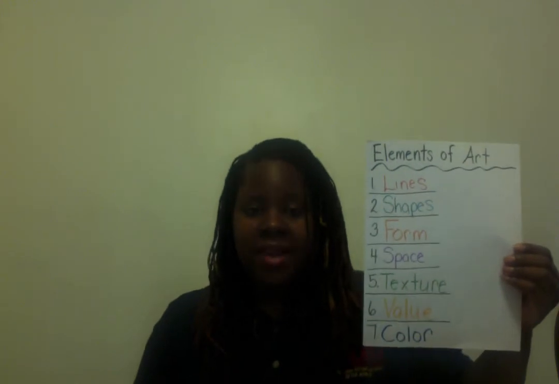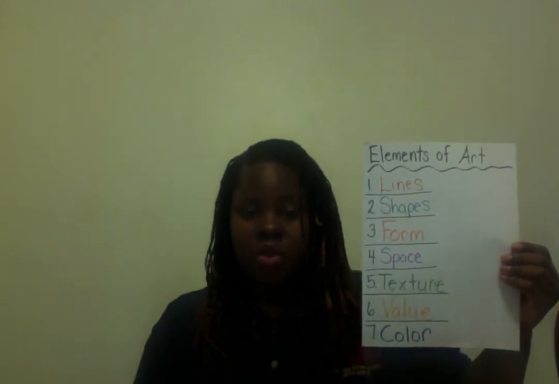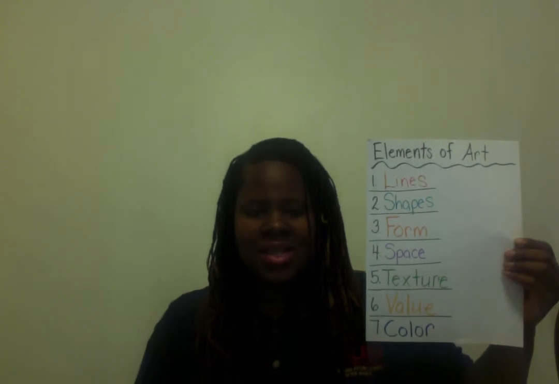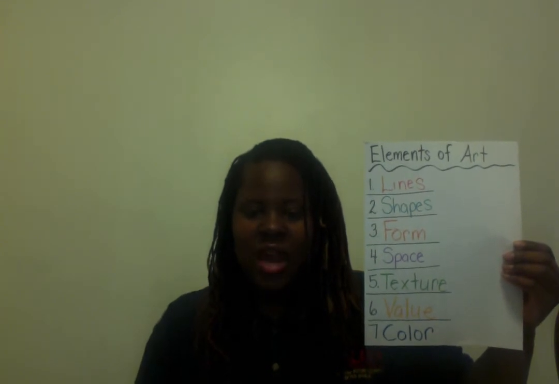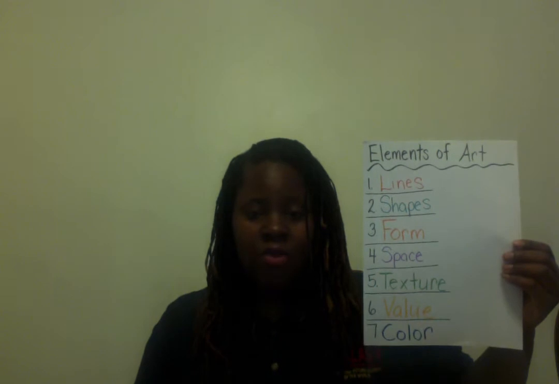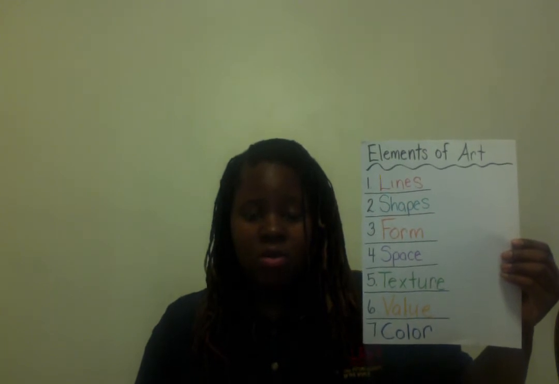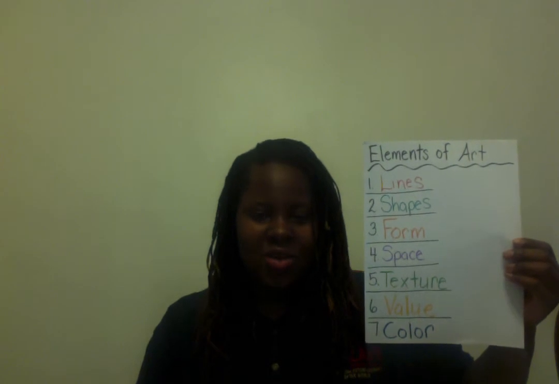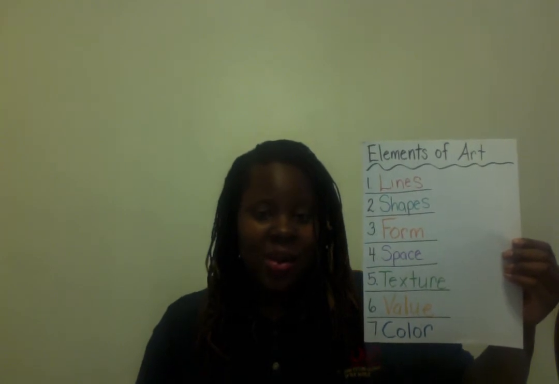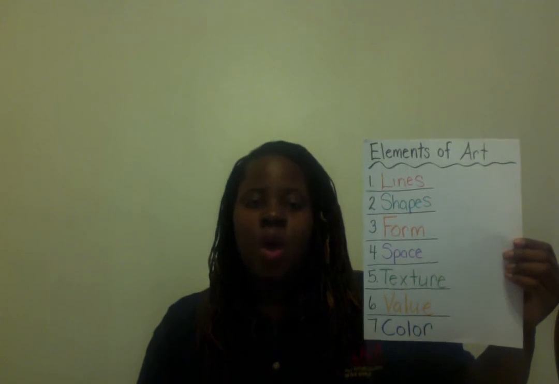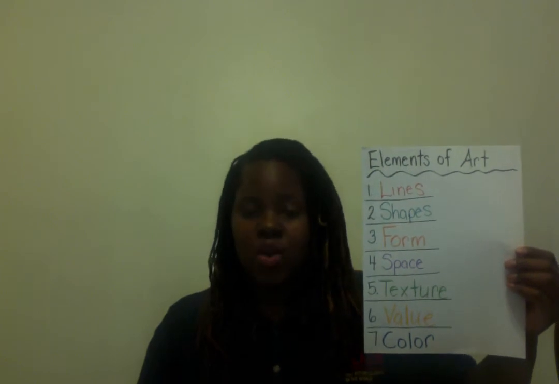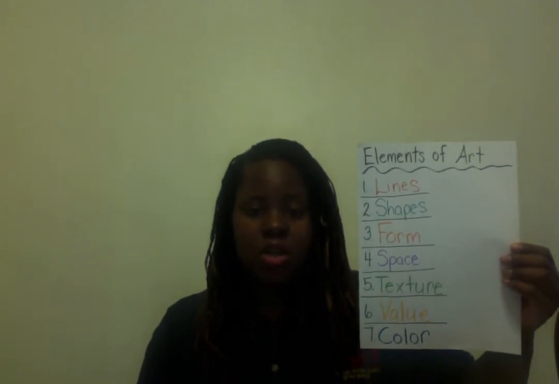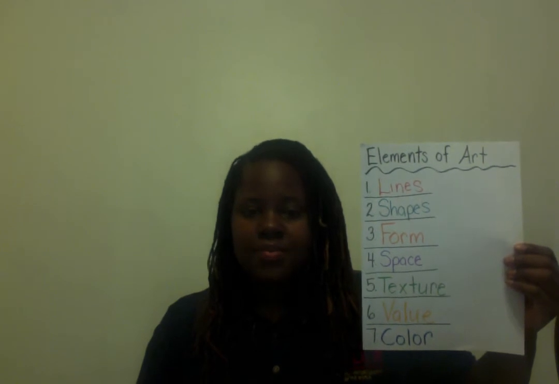There are 7 elements of art. The first one is lines. Zigzag, curvy, horizontal, vertical, spiral. Then we have shapes. Circles, rectangles, triangles. Then we have forms, which turns more into 3D, where you have spherical, cylinders, cubes.